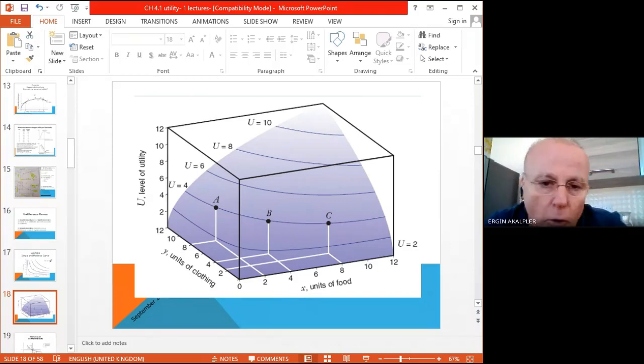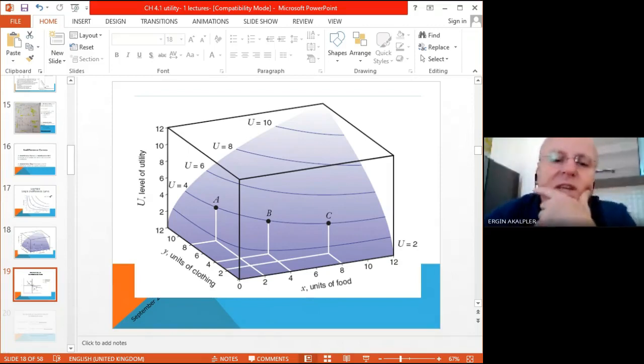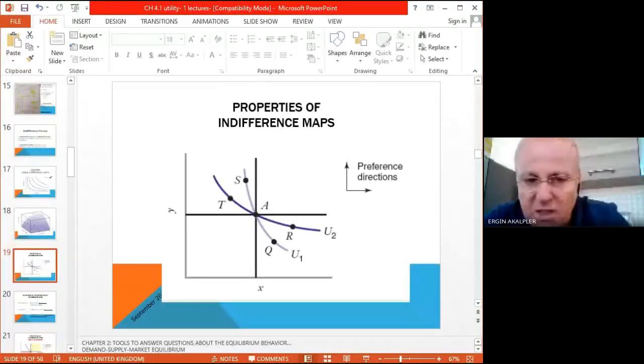And the properties of this indifference curve, as I mentioned to you, is that it does not intersect, as I mentioned before. If they intersect each other, it is not possible. It is not acceptable. They cannot intersect, as in the given scenario where you are observing U2 and U1. If they intersect, Q and R, R is higher than Q, and here S is higher than T, which is, of course, not possible.